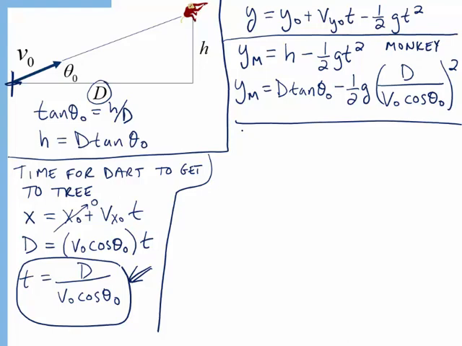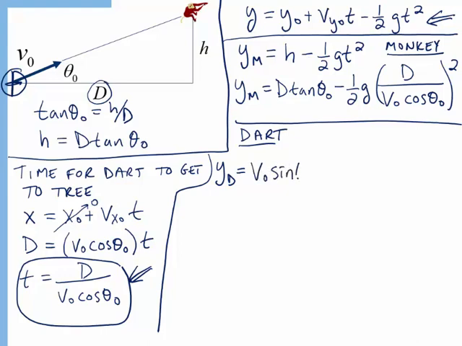Let's figure out what the height of the dart is at that same time. So again, just using this equation, but now writing it out for the dart. Well, the initial height of the dart is 0. It starts down here at the origin. But the initial velocity of the dart in the y direction, vy naught, would just be v naught sine theta naught, the y component of the velocity, times the time.